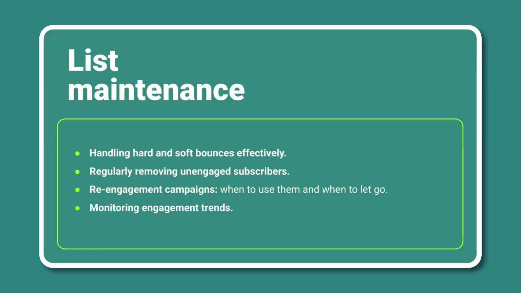And that's very important. It's important to monitor how these metrics are going over time. And if you see a significant drop in opens or clicks or whatever metric, then you need to investigate immediately what's going on.